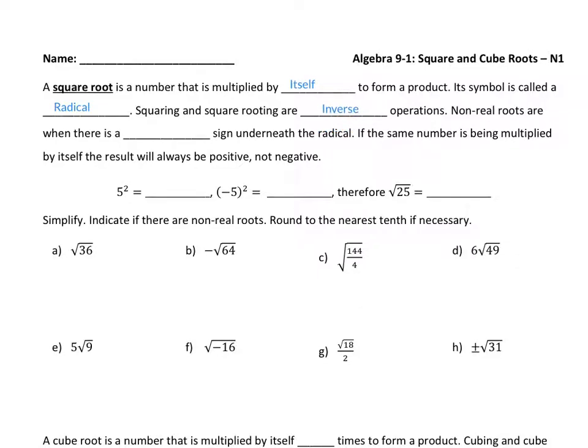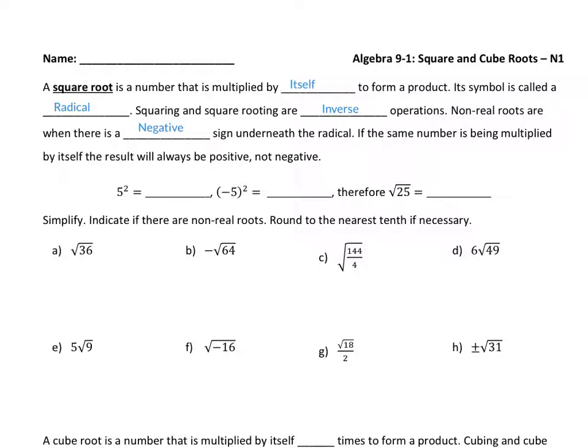Non-real roots are when there is a negative sign underneath the radical. If the same number is being multiplied by itself, then the result will always be positive, not negative, because a negative times a negative is a positive.